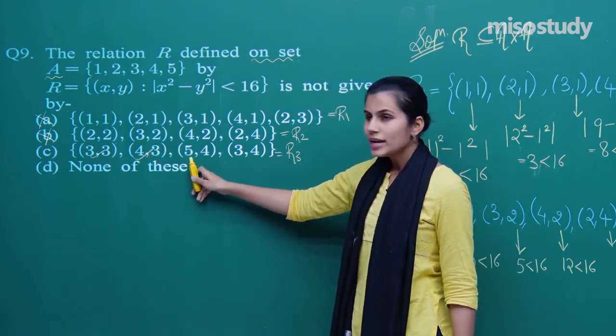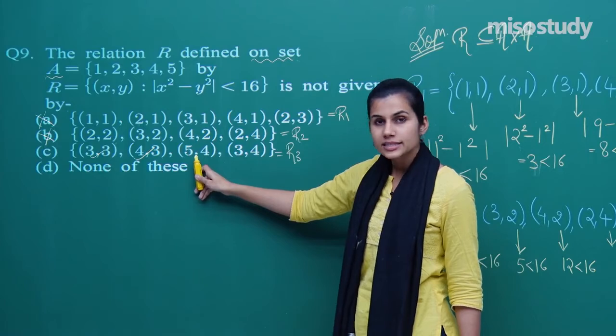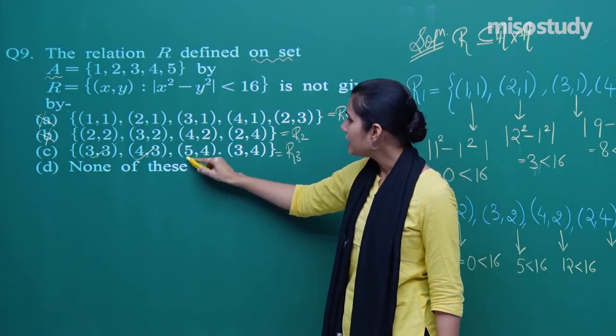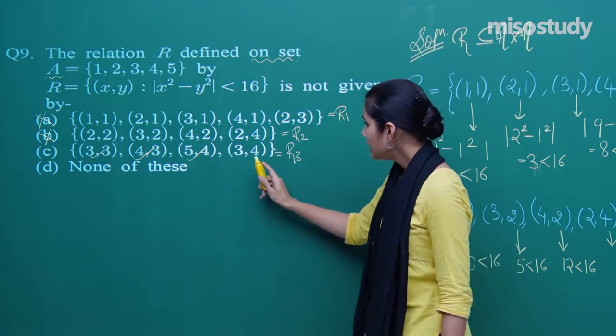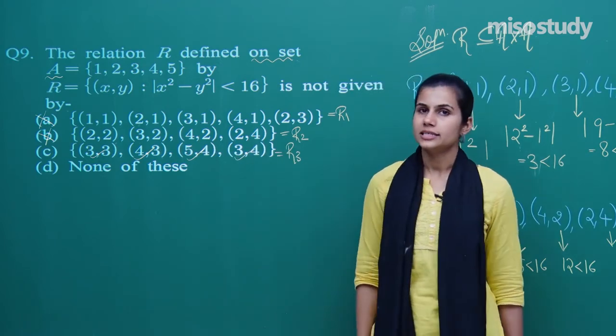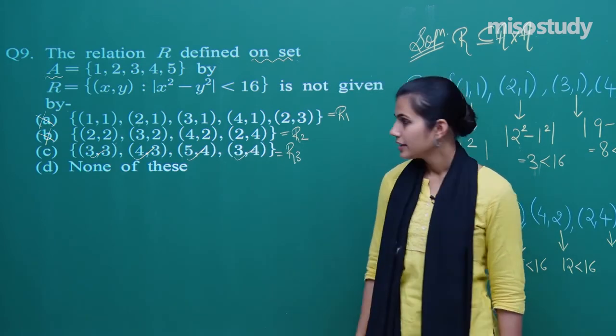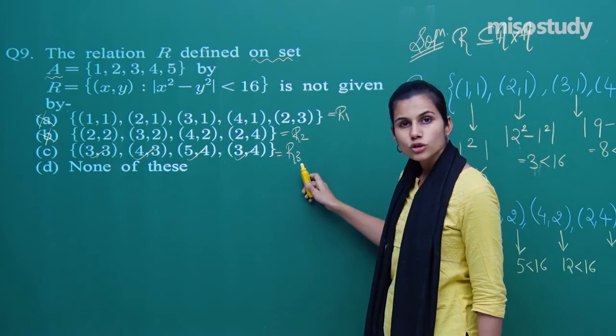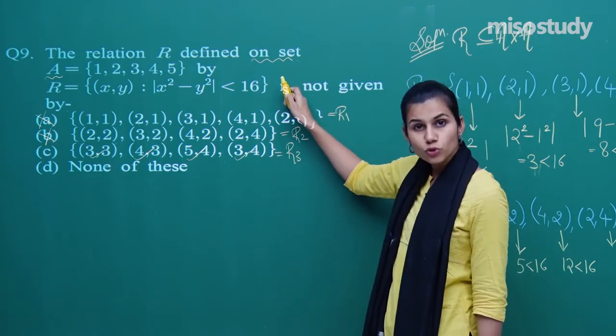This is 25 minus 16, that modulus again less than 16. 9 minus 16, again less than 16 if you take the modulus. That means R3 is also formed by satisfying this rule.